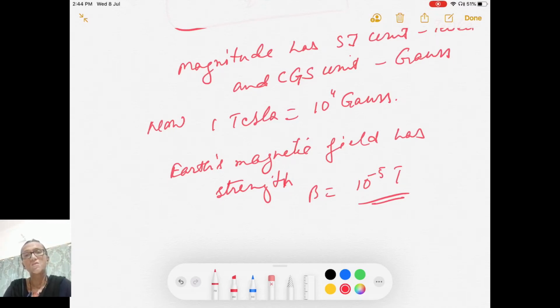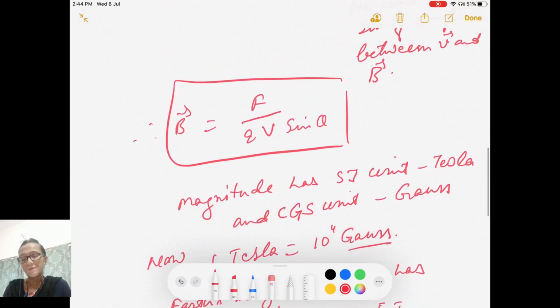So Tesla is not a very useful unit, it is a very large unit. So we generally use Gauss in place of Tesla. Gauss is a convenient small unit.